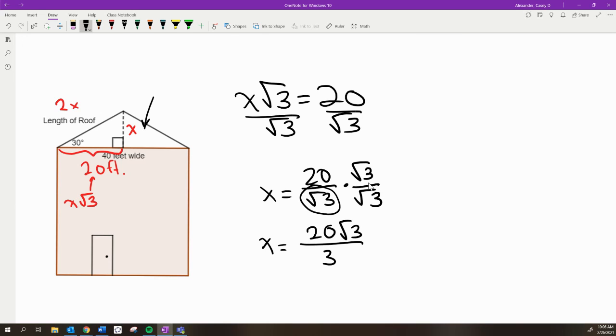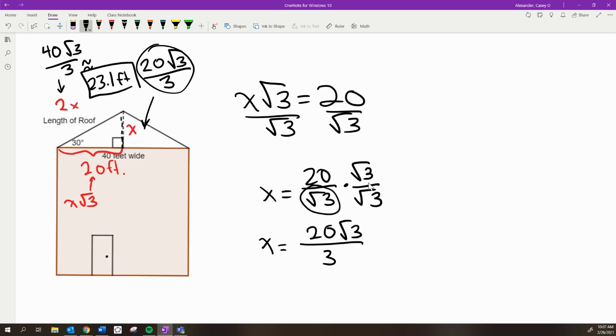So the height here, whatever it is in a calculator, but you could approximate it, is 20 root 3 over 3. And then finding this length, which is what I'm actually setting out to find, that's just 40 root 3 over 3. I double this, right? That's x, so I double it. And then on a calculator, I believe you get 23.1 feet if you do 40 times the square root of 3 and then divide it by 3.